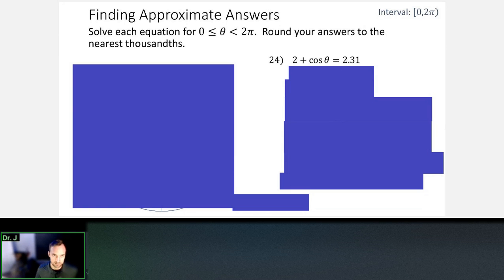And by the way, this problem is from our 4.04 day 1 lesson from Tuesday. And I did email everyone the PDF of this.